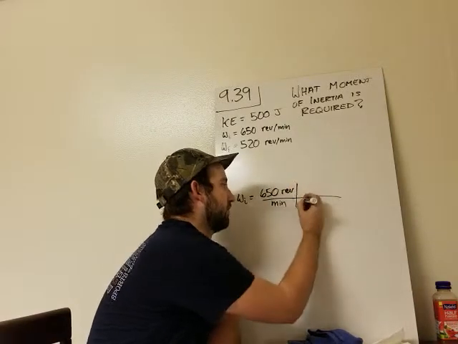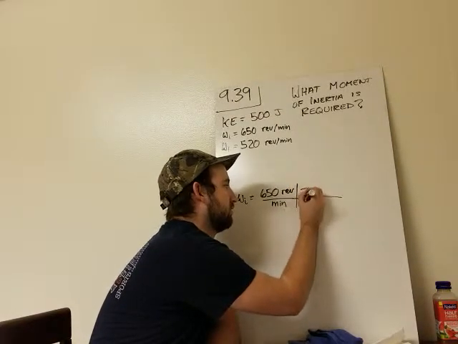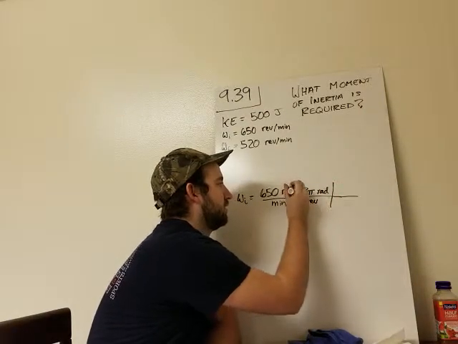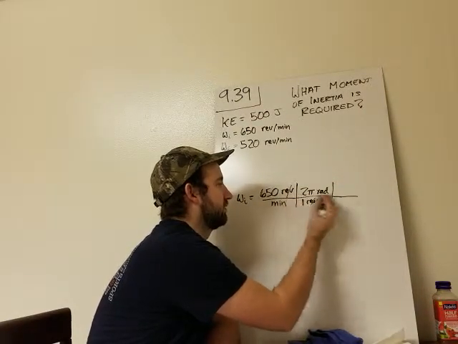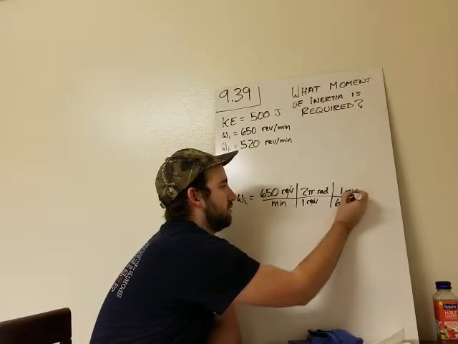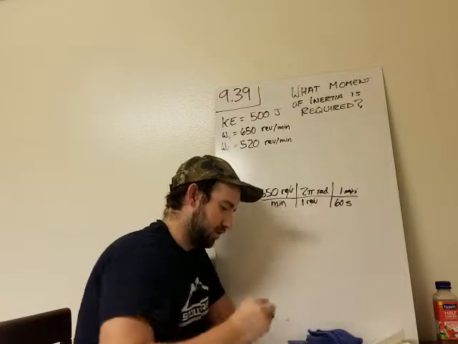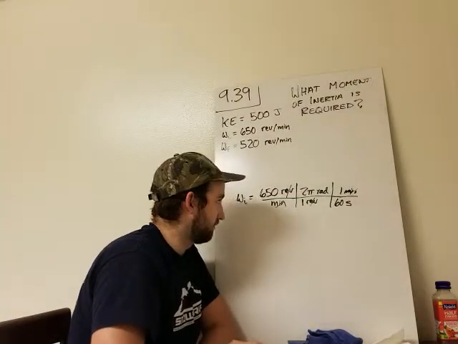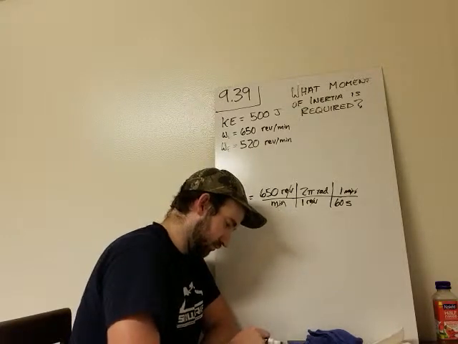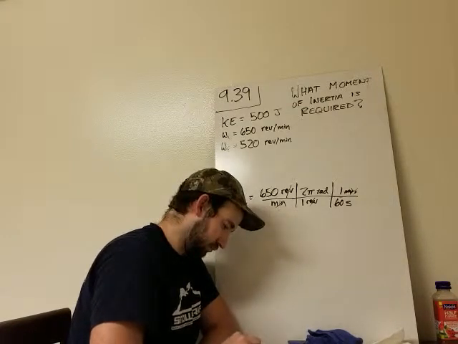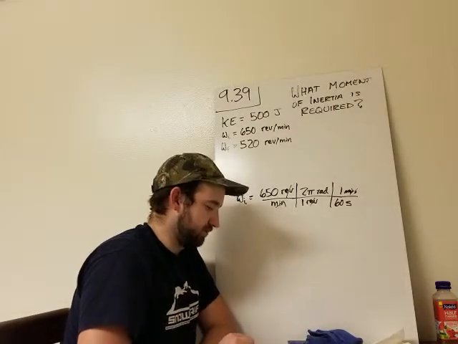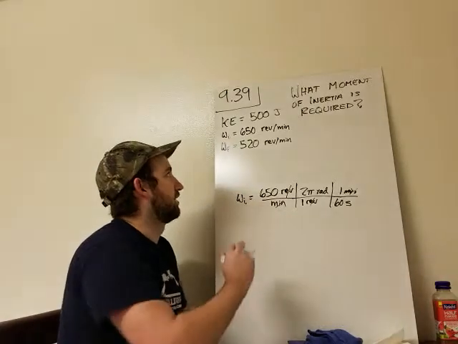Know that 1 revolution is equal to 2 pi radians, so those cancel and we're in radians. And then 1 minute is 60 seconds. Minutes cancel. We end up doing the math and we end up with 68.07 radians per second.